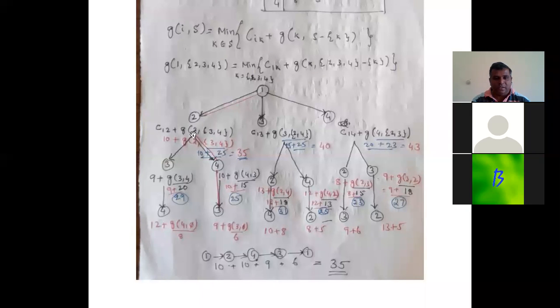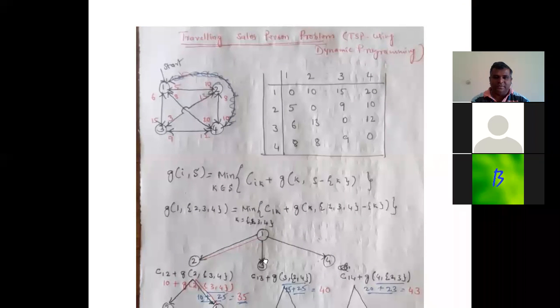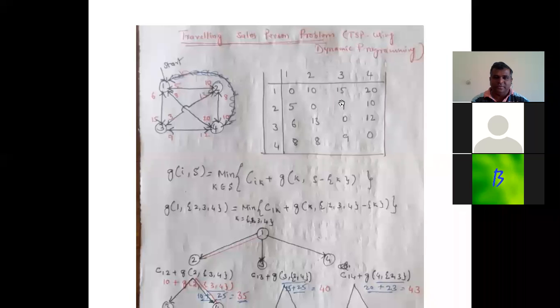Sir, the cost from 2 to 3 is 3, sir? In the matrix, it should be 3. Here in the matrix it is 9.